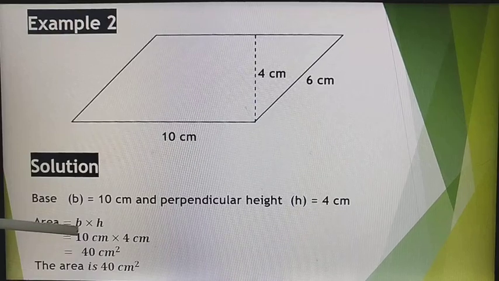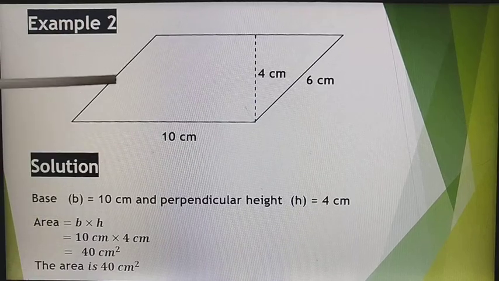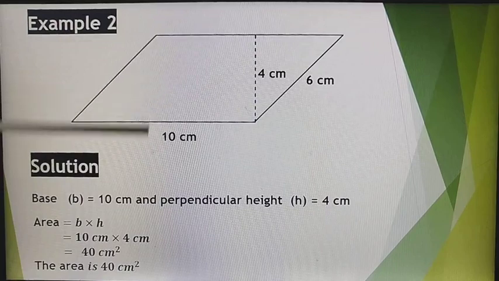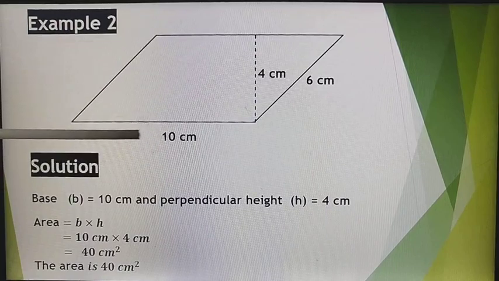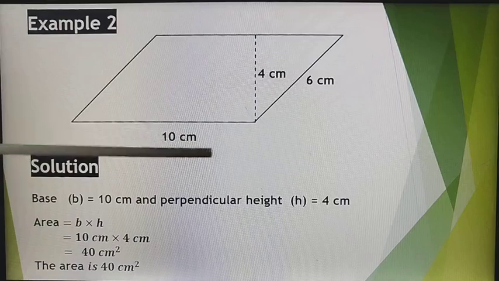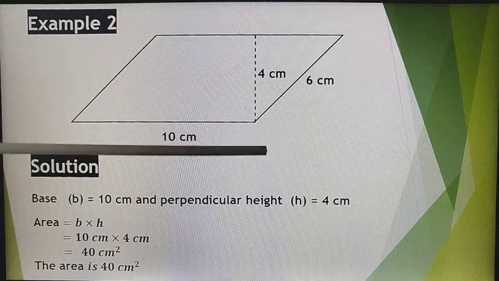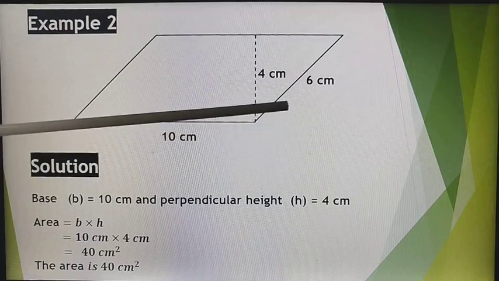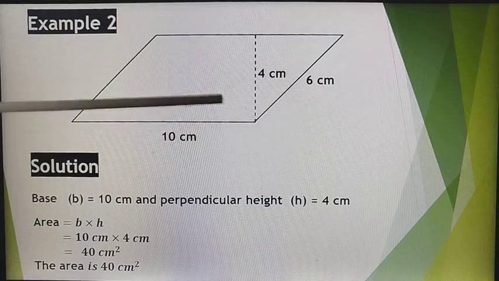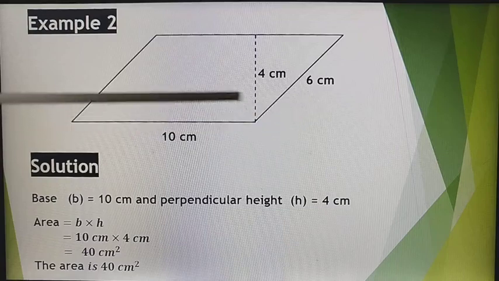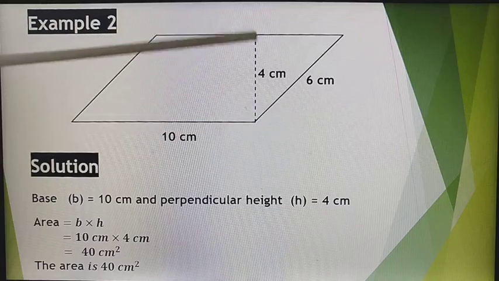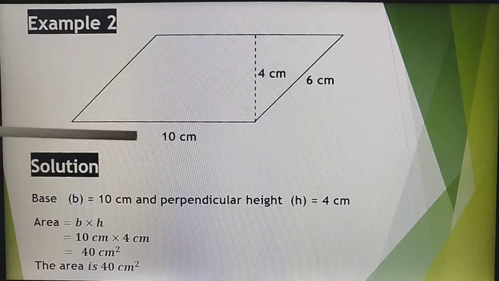The next example, we also have the same shape. The length or the base being 10 centimeters, the height being 4 centimeters, and then the diagonal height given as 6 centimeters. So we don't need the diagonal height. Our focus is on the vertical height and then the base.